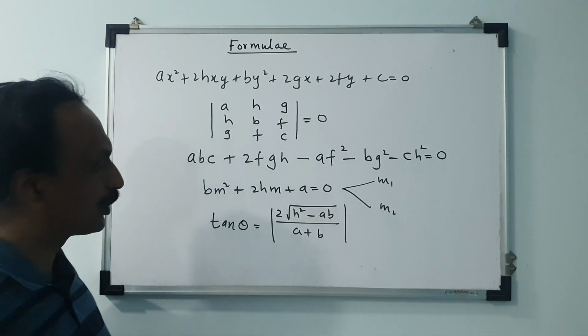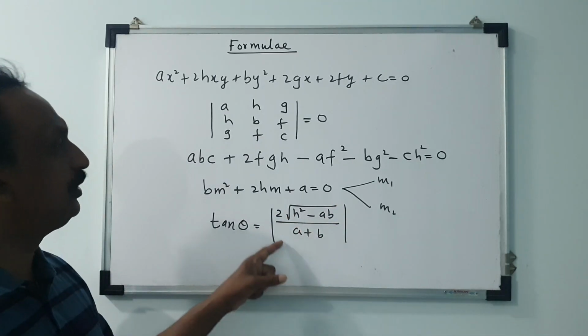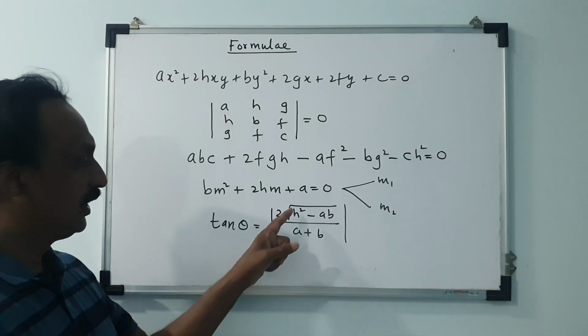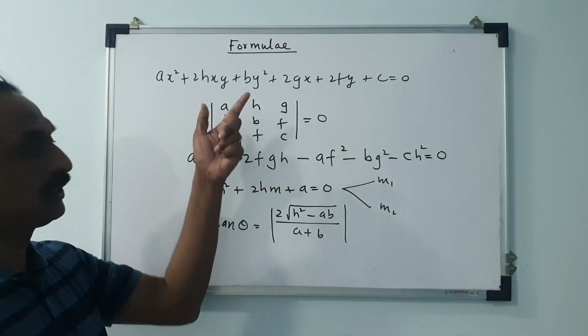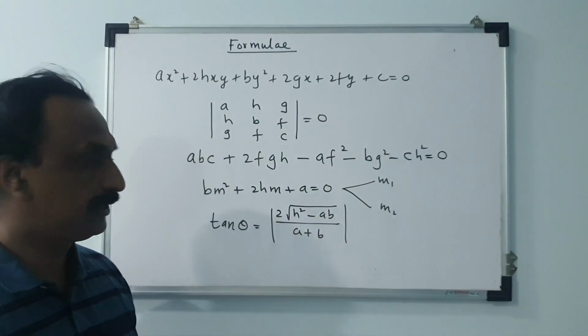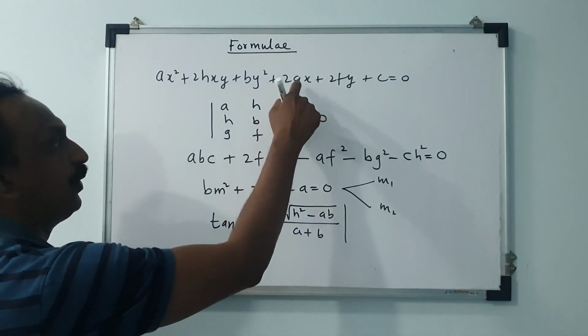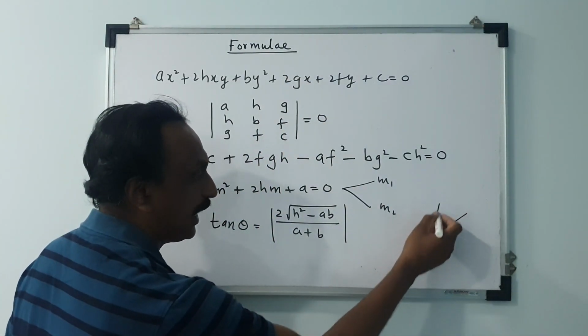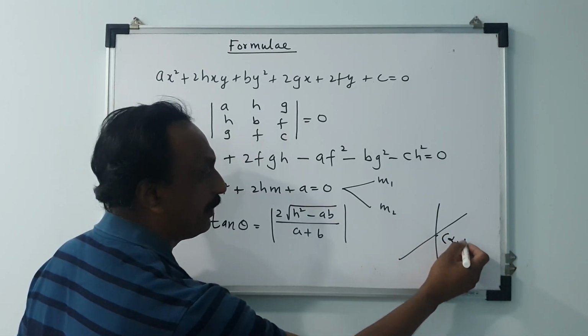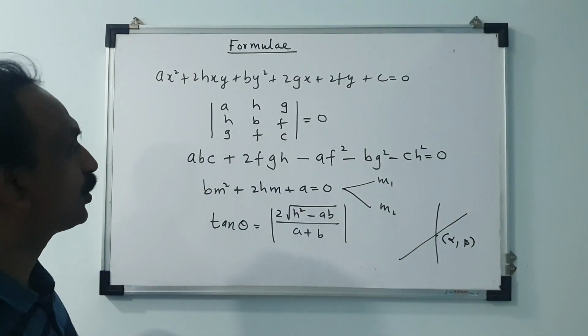So we have one more conclusion. If a plus b is 0, the lines will be perpendicular. If h square minus ab equal to 0, the lines will be parallel or coincident. Lastly, if I want to find out where these two lines intersect, that is, find alpha and beta, there are two ways to do it.